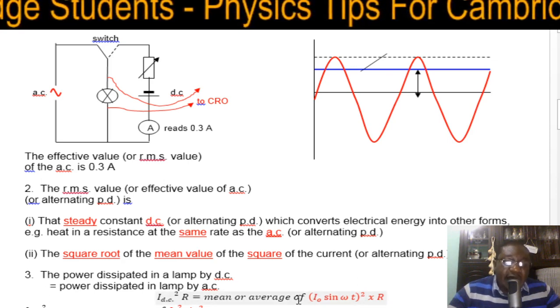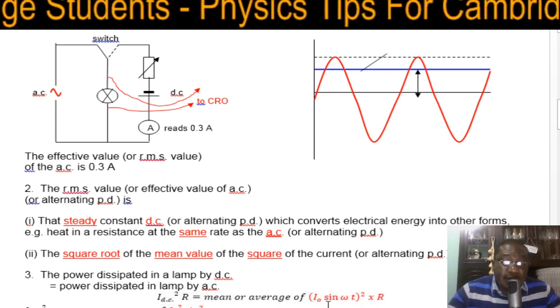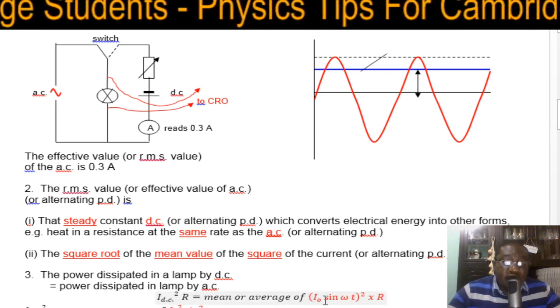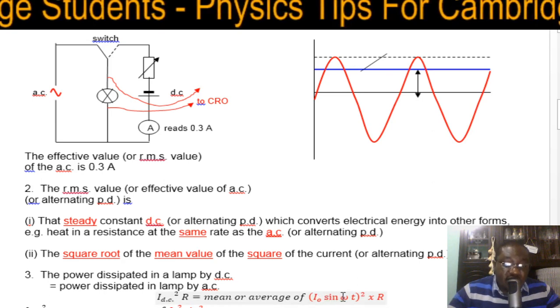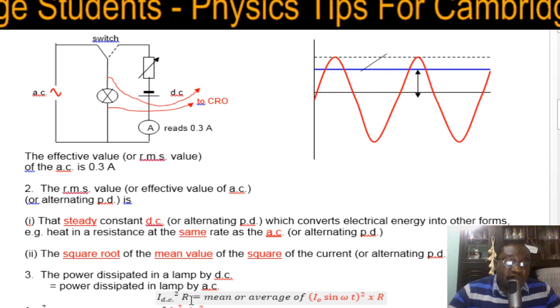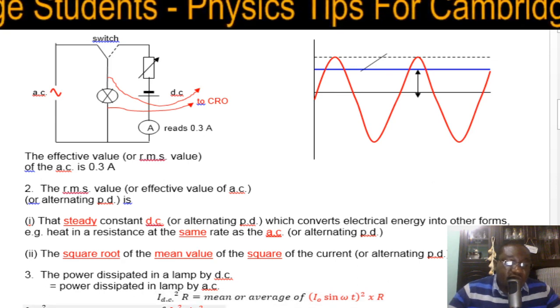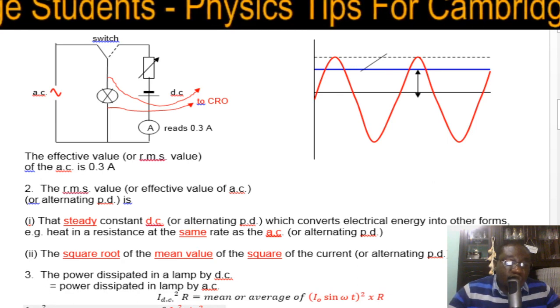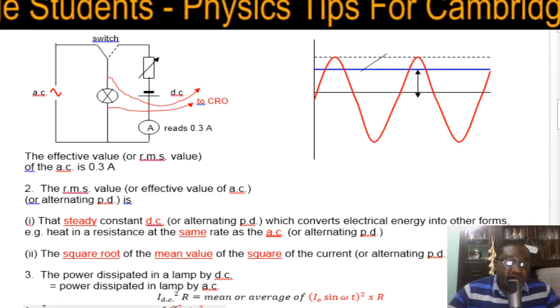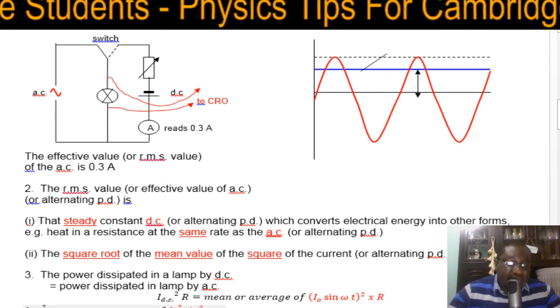But remember, our I is I naught sine omega t on the alternating current side. So it will be I naught squared sine squared omega t times R. Since R is common to both sides, you can divide by R. Then you end up with I squared on the DC side being equal to the mean or average I squared sine squared omega t on the AC side.